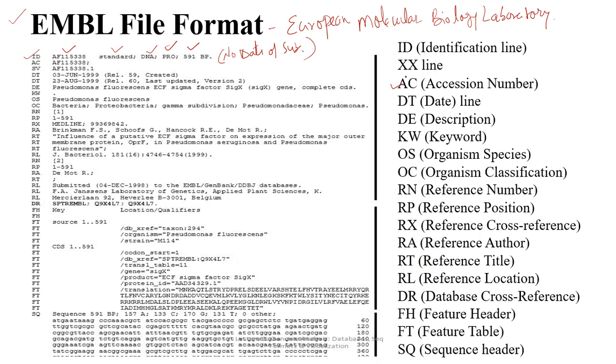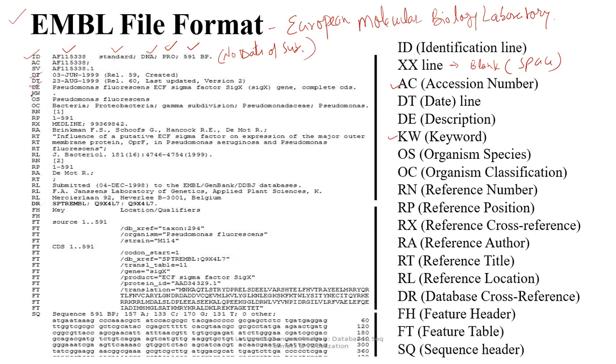AC is the accession number. Wherever you find the double X line, I don't find any double X line here, but in most of the cases, you will find these double X lines. So the double X line defines a blank, or you can say space. DT is a date line. DE is a description line.